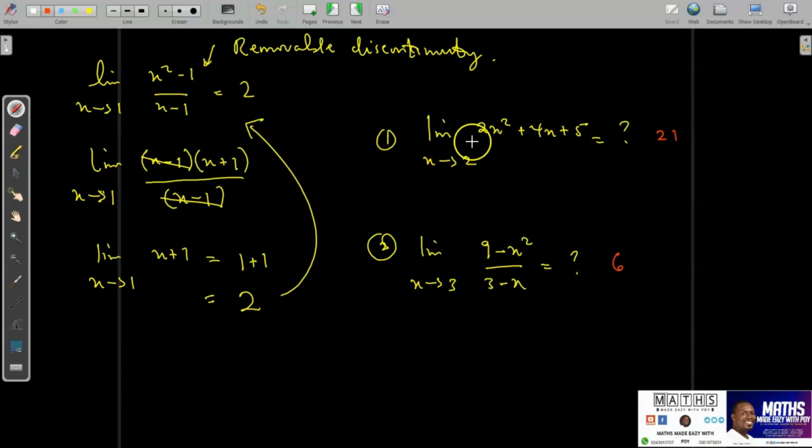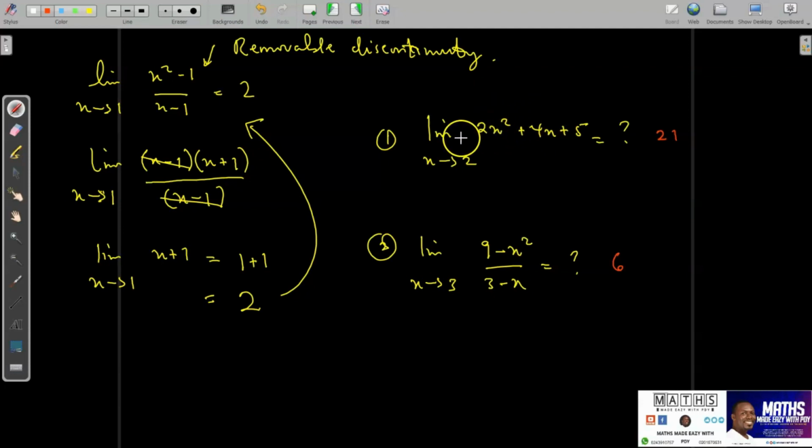So ideally, before we work out the limit of this function as x approaches 2, you have to analyze what type of function it is. So for 2x squared plus 4x plus 5, it is a polynomial function. And what type of polynomial function? It is specifically a quadratic function. Quadratic functions do not have undefined solutions.